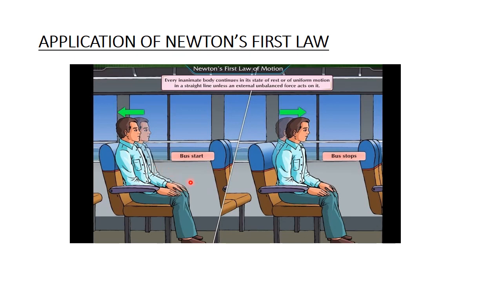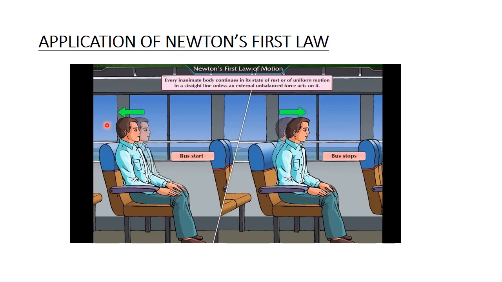Now, without his knowledge, the bus starts to move. What will happen? The passenger will fall in the backward direction.